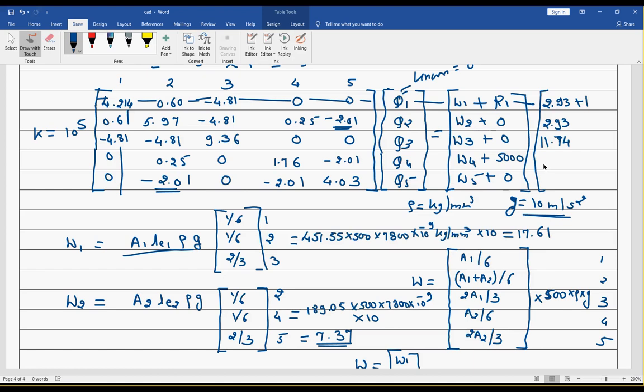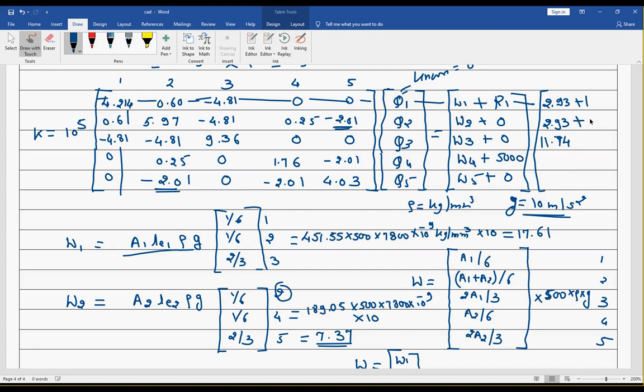Now Q4 I want. For 2 this will be also added up. So for 2 location, 7.37 will also be available. So 7.37 divided by 6 will be 1.22.